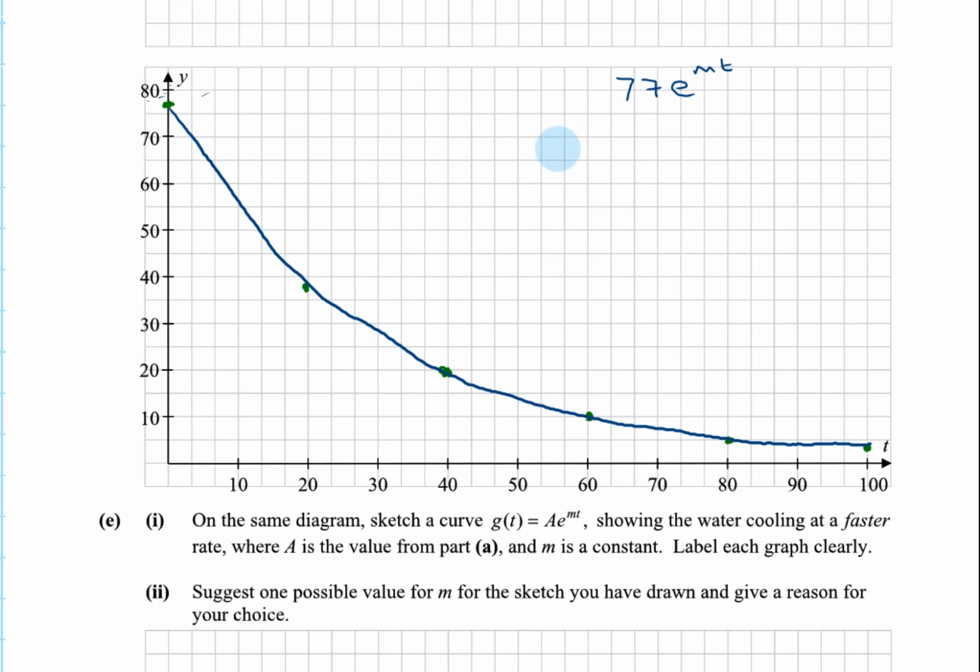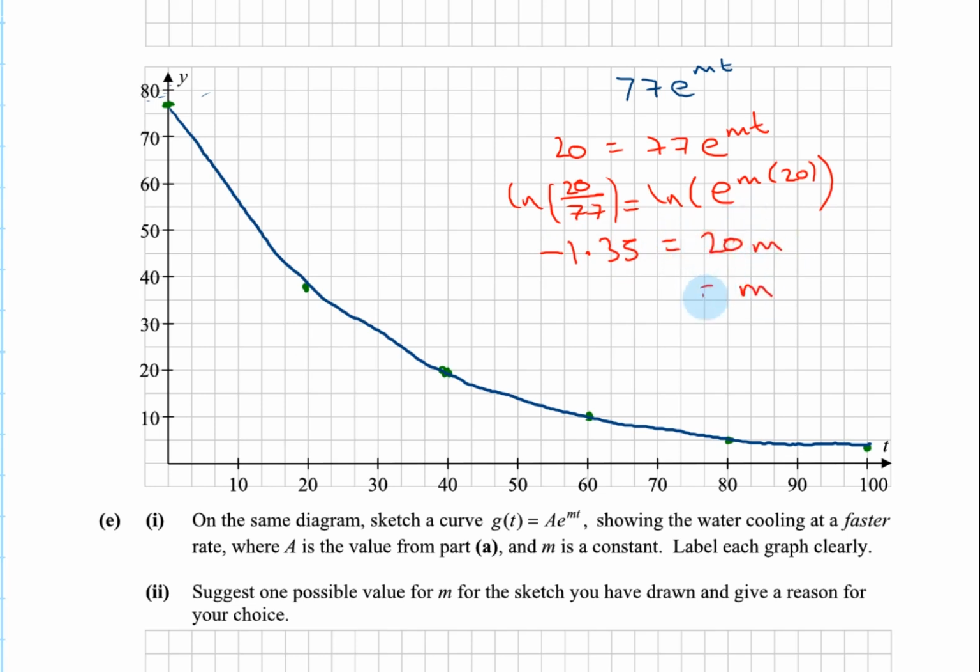So if we wanted something like that, let's do 20 equals 77e^(mt). We do 20 divided by 77, then take the natural log, so ln of 20 divided by 77, and that's minus 1.35 equals 20m.